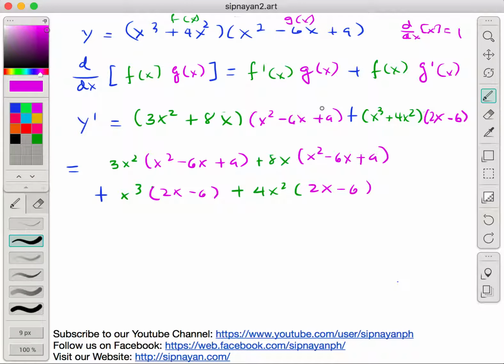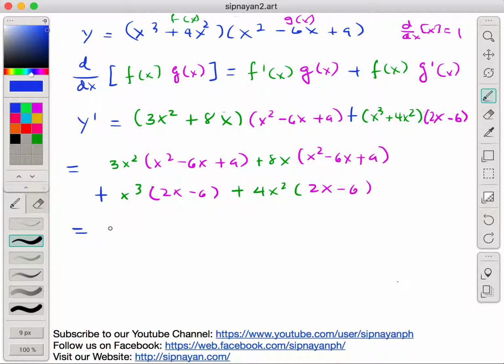Nilagay ko dito, tapos nilagay ko dito sa 8x. So ito siya. And then I have a plus x cubed. Nilagay ko ulit dito yung 2x minus 6, tapos yung after 4x squared, nilagay ko ulit yung 2x minus 6. So I think mas madali yan, at least for me.